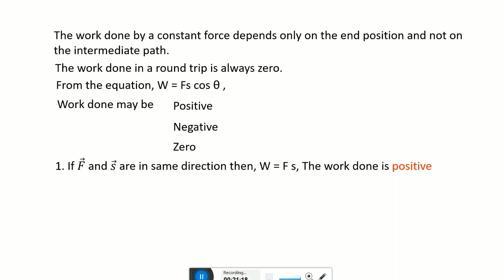Therefore, we get W is equal to Fs, which is shown in the diagram. This is the direction of force and this is the direction of displacement, means both are in the same direction, that is theta is equal to 0 degree.